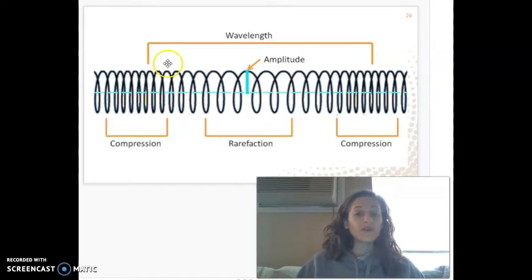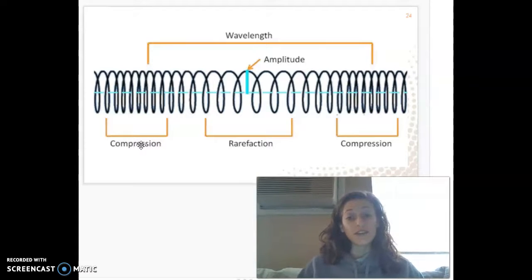The compression is where the particles get really, really close together, and the rarefaction is where the particles are very, very far apart. And we would measure wavelength. In a transverse wave, wavelength can be measured crest to crest or trough to trough. In a longitudinal wave, we again look for those repeating points, compression to compression or rarefaction to rarefaction.